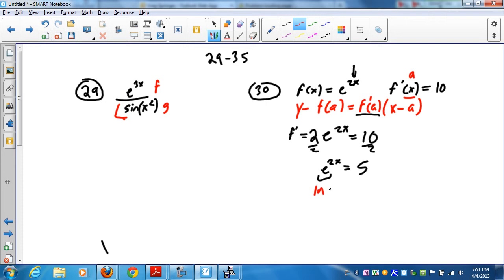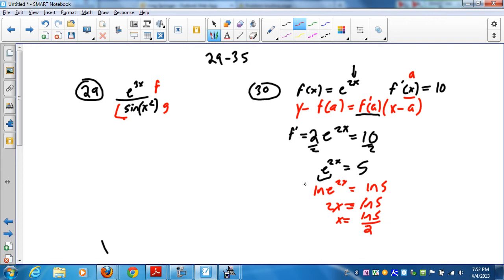So the ln of e to the 2x is equal to what? The ln of 5. Well, the natural log and e are going to cancel out, so you get 2x is equal to the natural log of 5. So x is equal to natural log of 5 over 2.